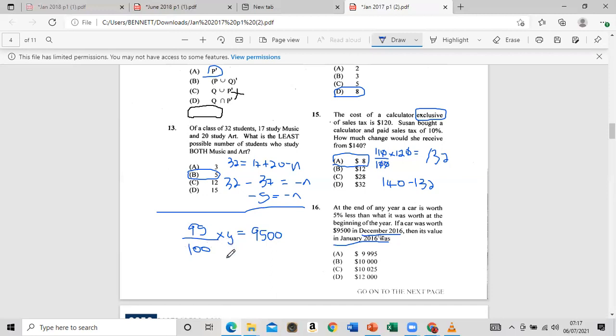So we can transpose now. I divide, it's 9,500 times 100 divided by 95. So 95 into that, that's 10,000. So it was worth $10,000.